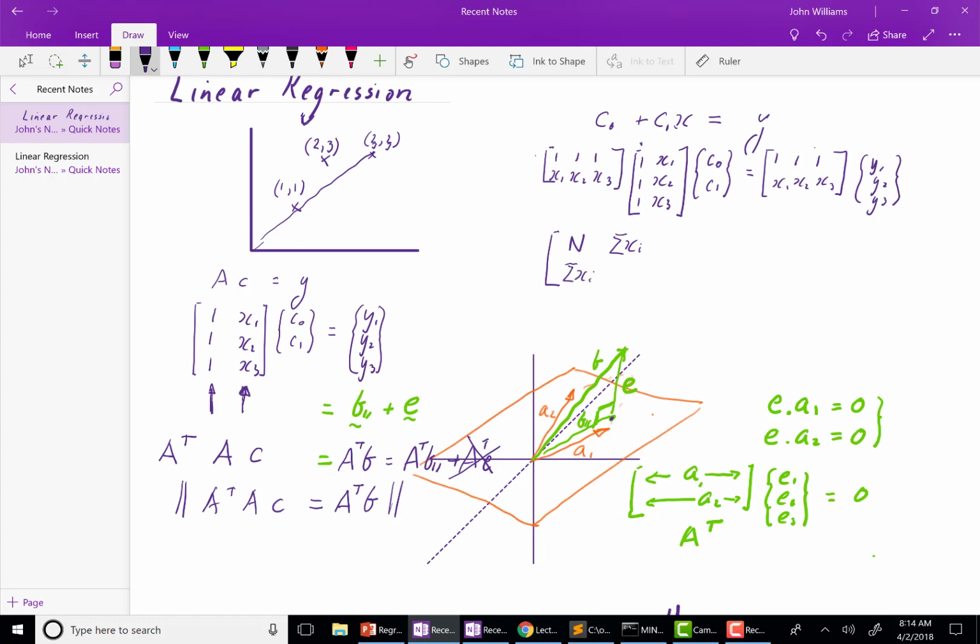And then finally we have x1 times x1 plus x2 times x2. This would be the sum of xi squared. Times C0, C1. And on the right-hand side, first would be the sum of y, and the second would be the sum of xi times yi.